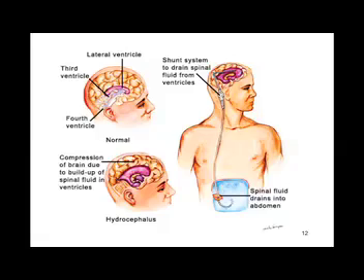But there are conditions where people do produce too much cerebrospinal fluid, or conditions that result because cerebrospinal fluid is not circulating properly. I know some people with spina bifida, their cerebrospinal fluid doesn't circulate properly.